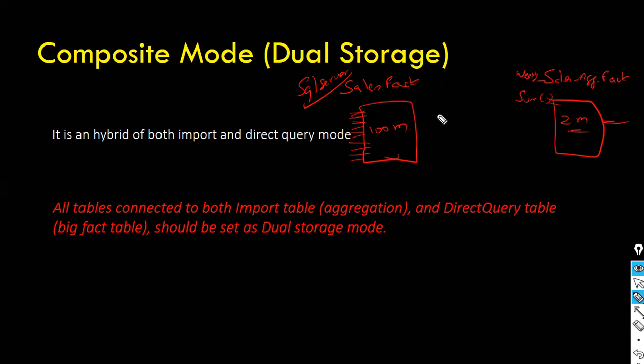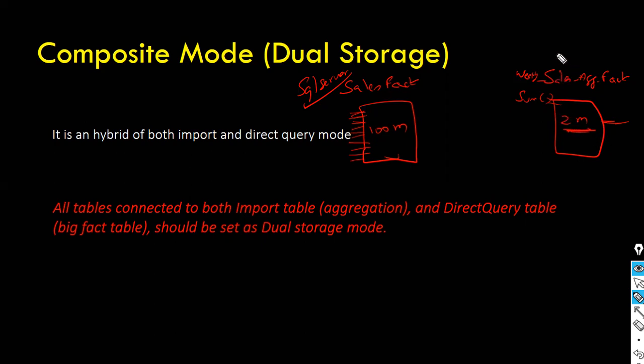Select sum of sales, sum of profit from sales fact table, group by week, and something like where week equals week 1. Okay, and then you load the aggregated data for that specific week. That volume is just 2 million only.